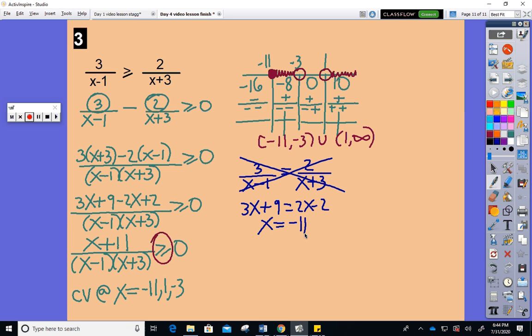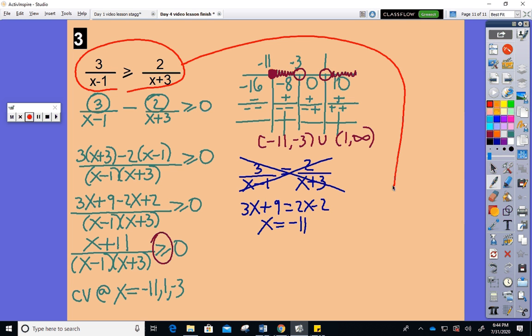Somebody that tried to take this inequality and simply cross multiply would run into a roadblock, because if you cross multiplied it in one direction, you might have 3x plus 9 is greater than or equal to 2x minus 2, and you come out telling me that x is greater than or equal to -11. That's not the answer, guys.